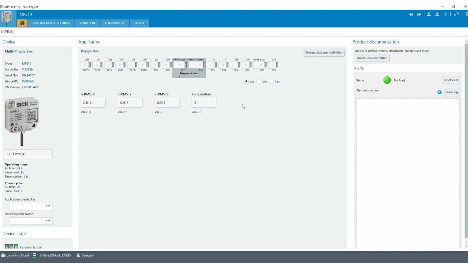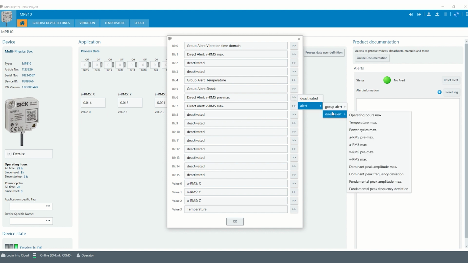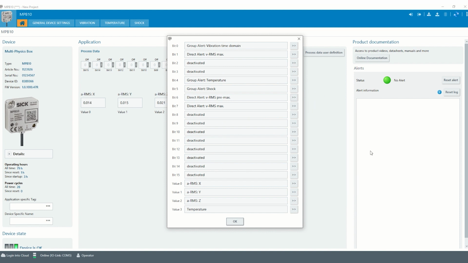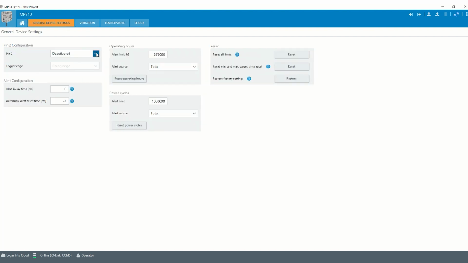In the process data configuration, the relevant group or direct alert must be mapped to bit 6 or bit 7. So that pin 2 issues this alarm, the diagnostic alert 1 or diagnostic alert 2 must be parameterized for pin 2 in the general device settings.